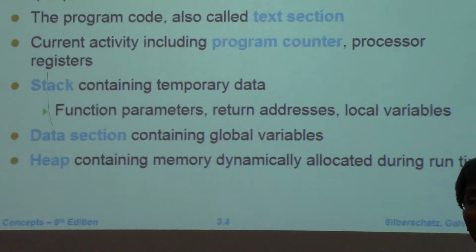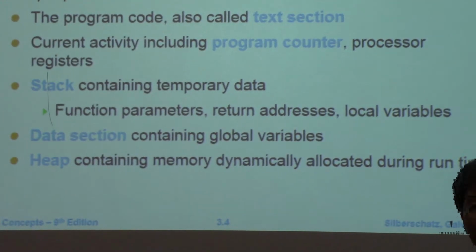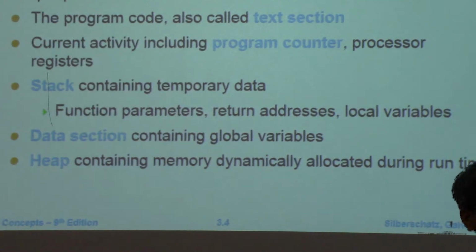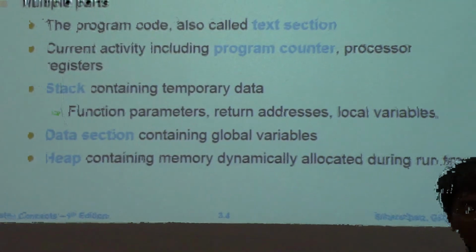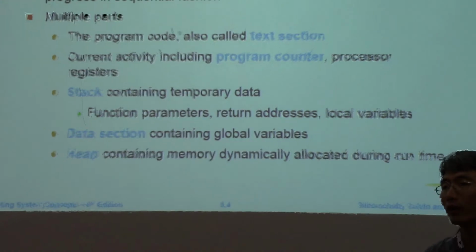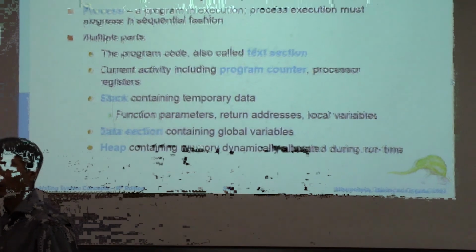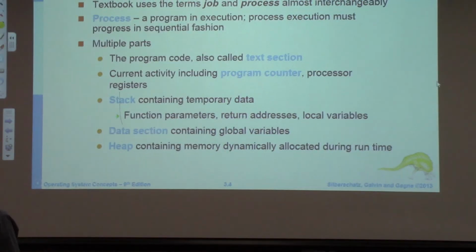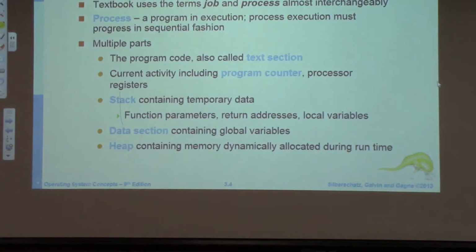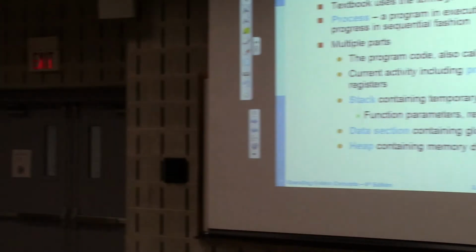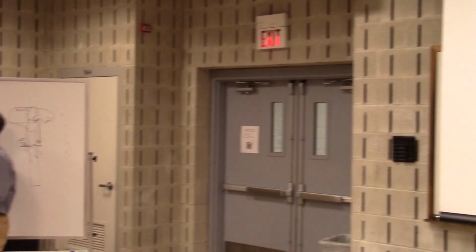In your compiler, in your program, should have garbage collector. Okay? Garbage collector, not the operating system. So garbage collector is a part of your programming, part of your compiler. From time to time, the data in this part of your address space will be flushed.